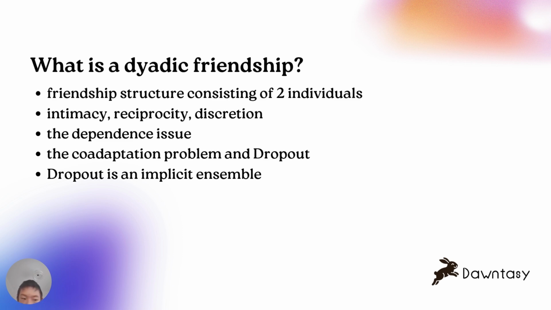For all its depth, there's also a dependence issue, in the sense that there's a risk of becoming overly reliant on that other friend, and too dependent on their emotions, thus causing some kind of volatility. This is called the co-adaptation problem when we translate that to machine learning terms.